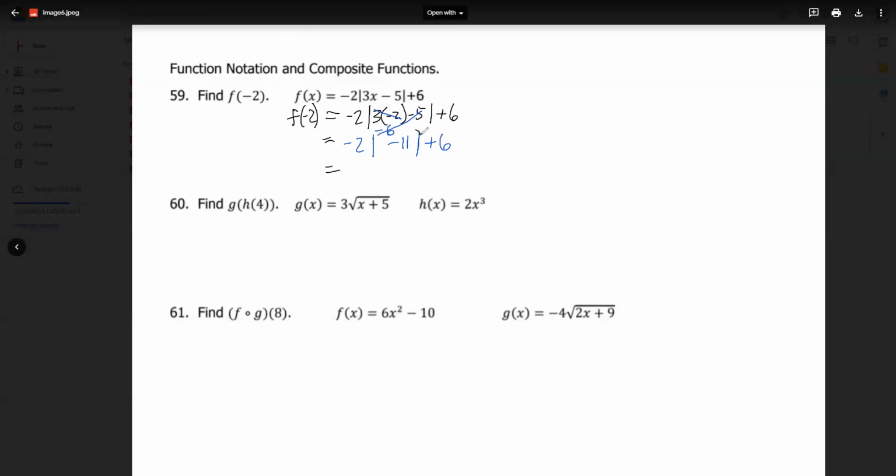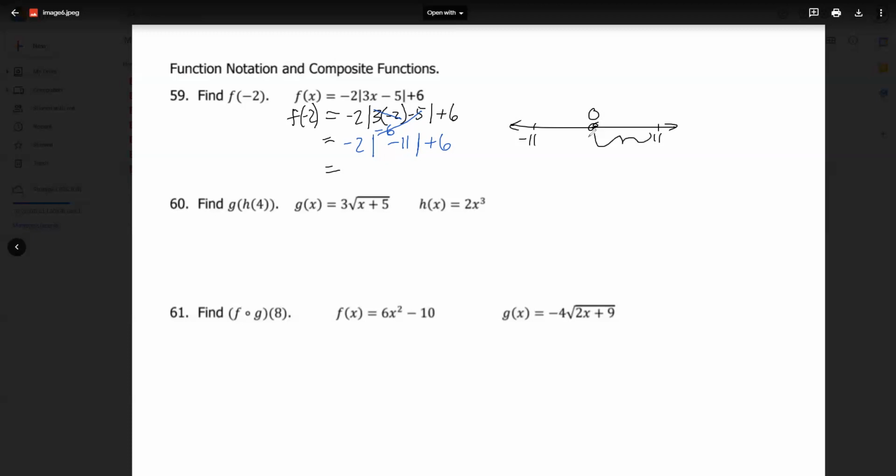So what is the absolute value of -11? I like to think of it as a distance. Absolute value shows the distance from something. -11 is the same distance as regular 11. If you start from 0 and go to 11, that would be the same distance as going to -11.